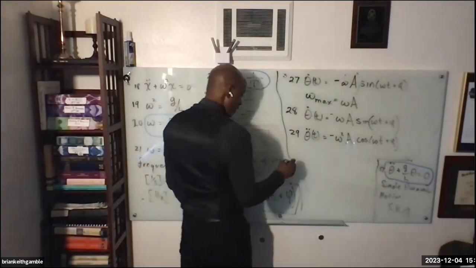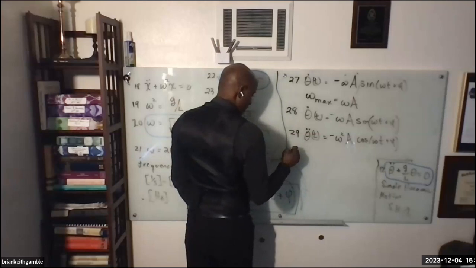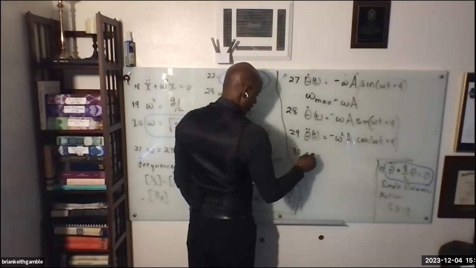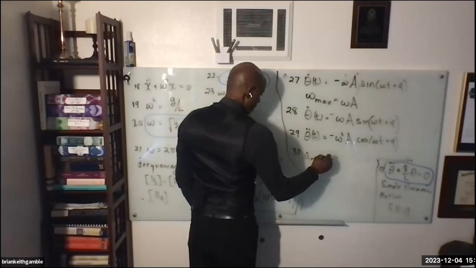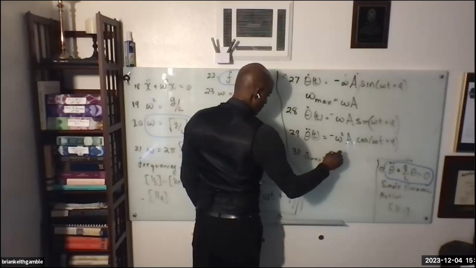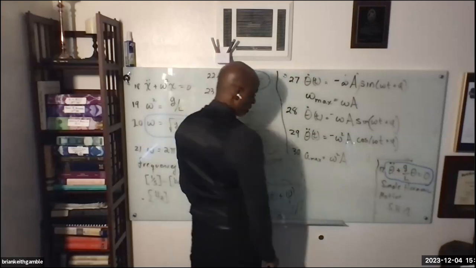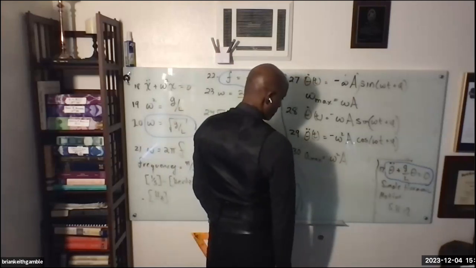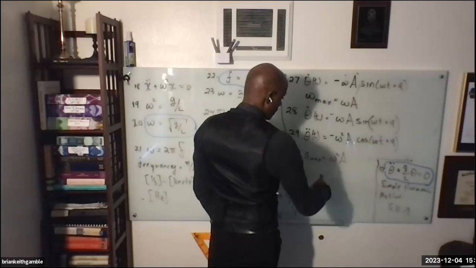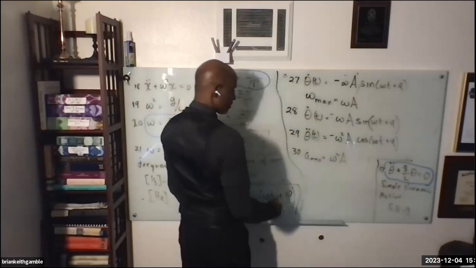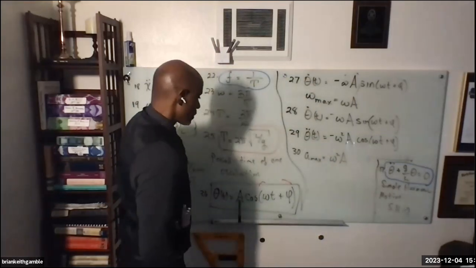And again, the maximum acceleration, a max, the magnitude is equal to omega squared times a. And again, that's 1 over second squared times meters, so that you see the units bear out meters per second squared for acceleration.